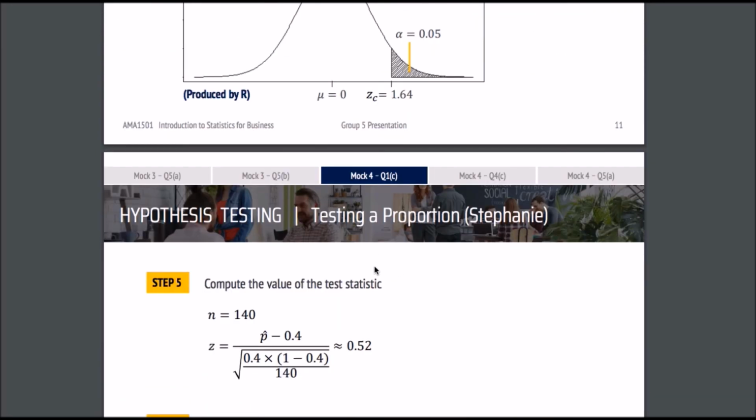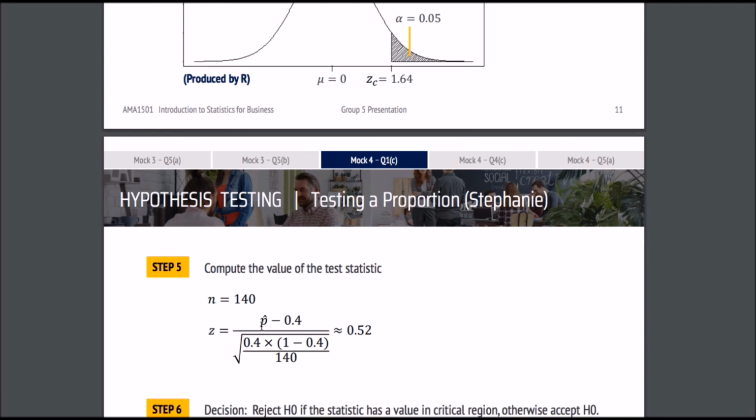We will input the data one by one, since we have calculated the P hat, and 0.4 will be the P. Our critical region, and then we can get the test statistic, which will be roughly equal to 0.52.